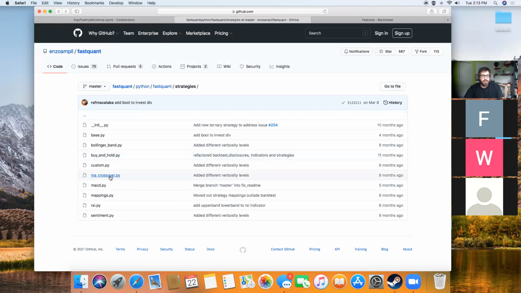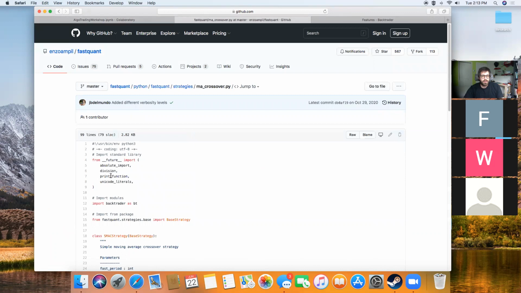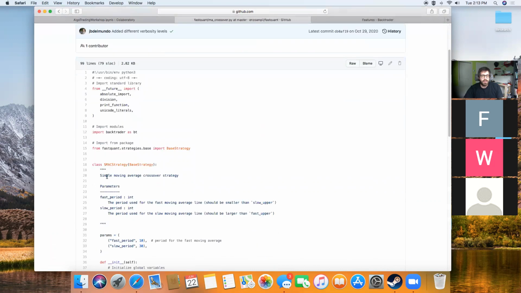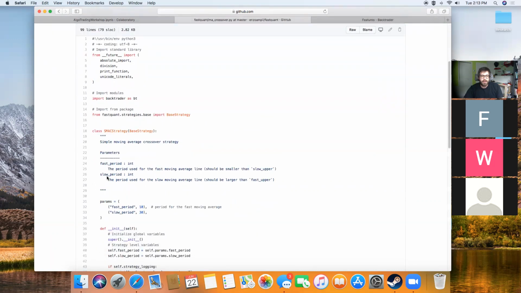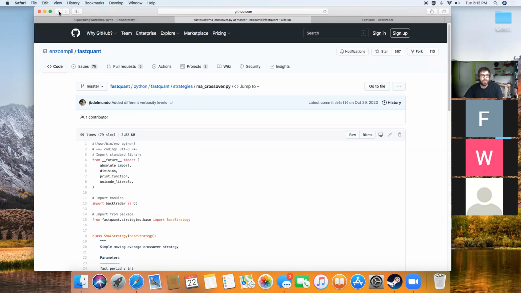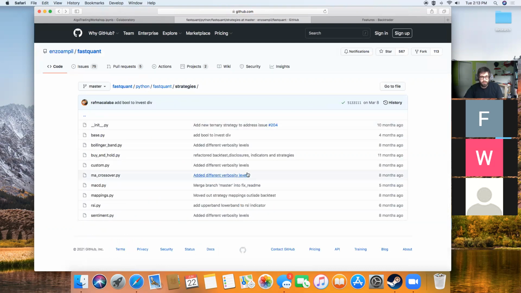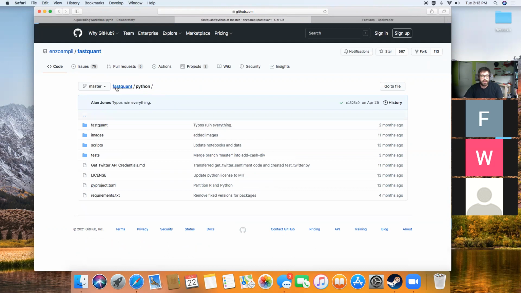MA crossover, which is moving average. So you specify a window for the fast moving average and the slow moving average, and whenever they have a crossover, you make a decision when to buy or when to sell. We will look later on how to implement a strategy ourselves, but for now we're going to use the strategies that are already implemented.